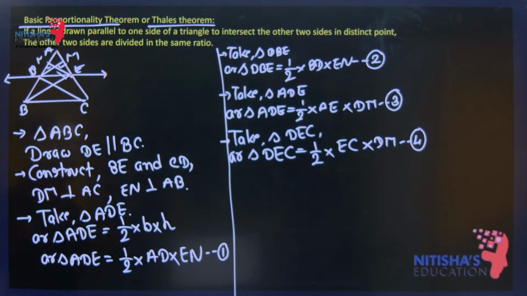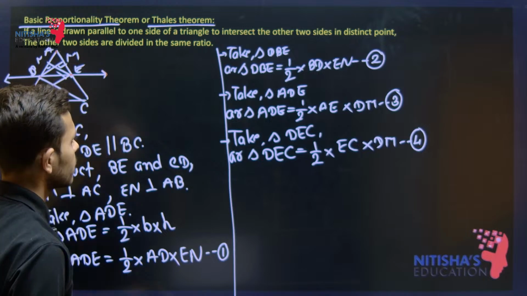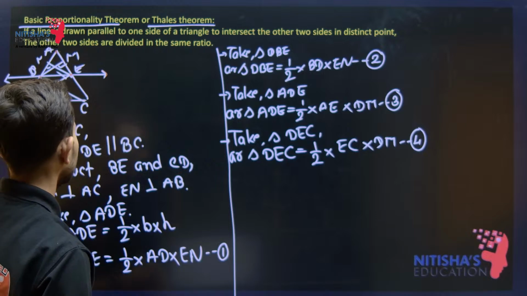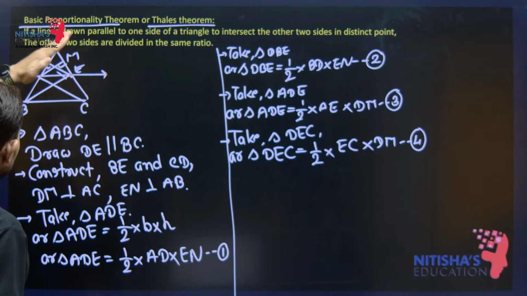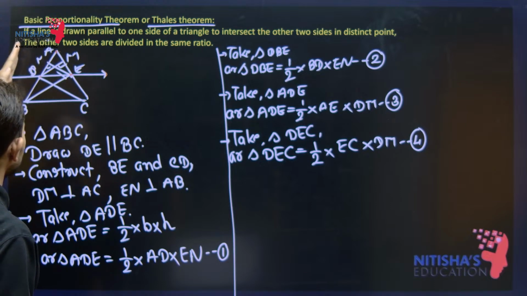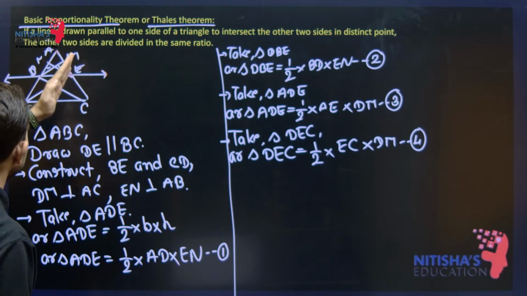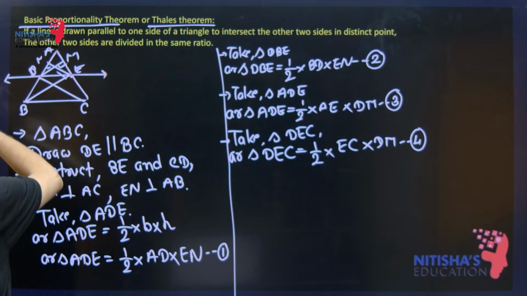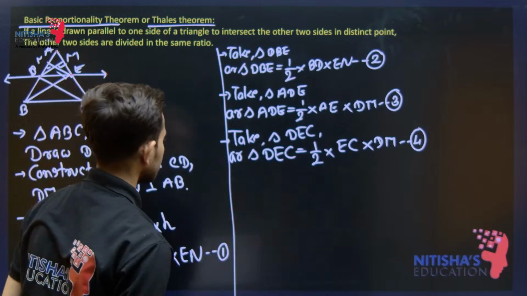Next, what we need to do, we have to take the ratio of these areas. In which way? First the common side which is side AB. So for the two triangles which consider the side AB, we have to take the area of that triangle and AC separately.